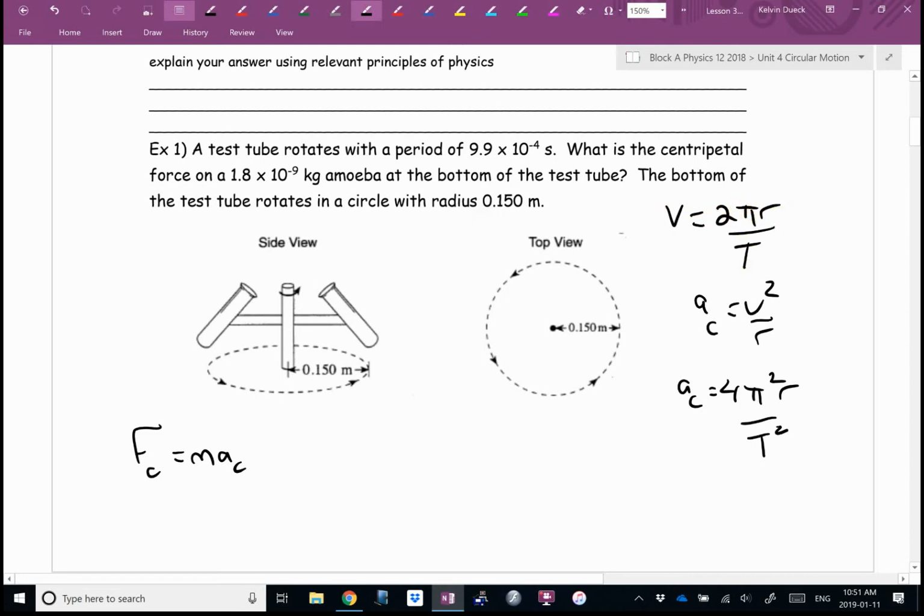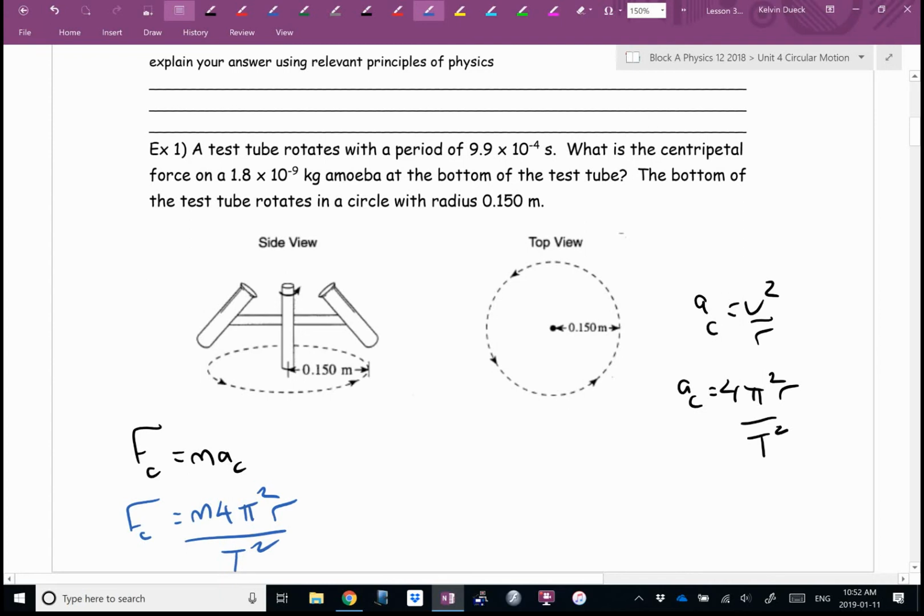You could find how fast it's spinning first, and then go to here. But what we did to get this equation is we combined these 2. So why not use the combined one? We're going to get this: M 4 pi squared R over T squared.